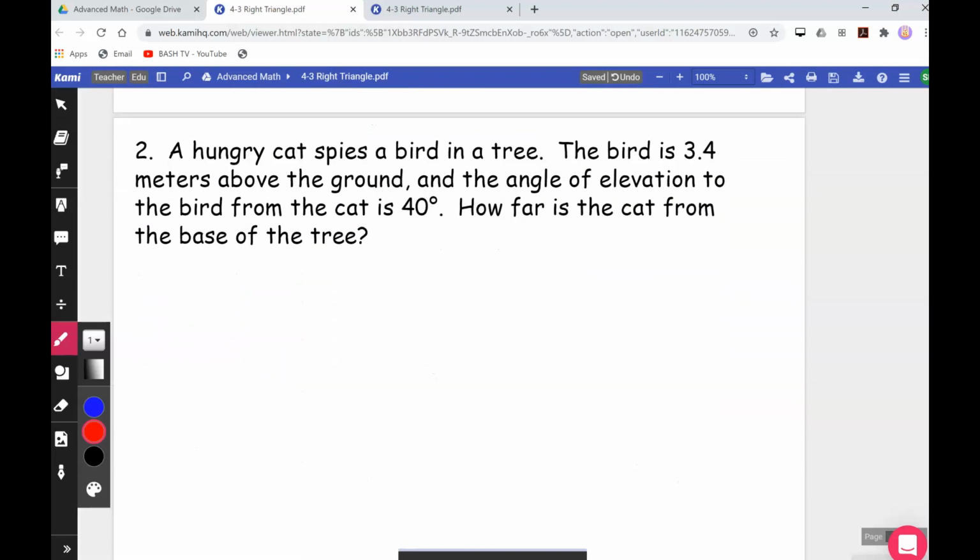All right, so now we have a hungry cat spies a bird in a tree. The bird is 3.4 meters above the ground, and the angle of elevation to the bird from the cat is 40 degrees. How far is the cat from the base of the tree? All right, so this may be helpful to have yourself a little picture.